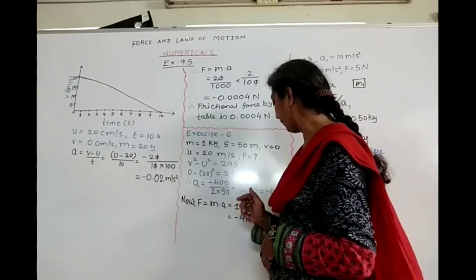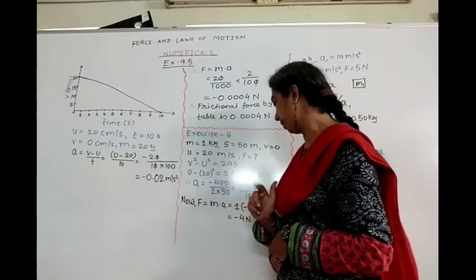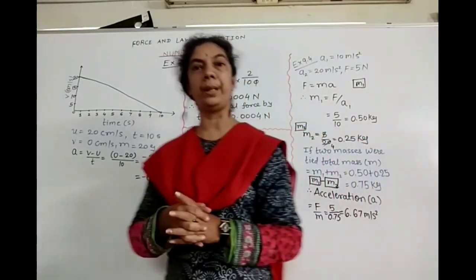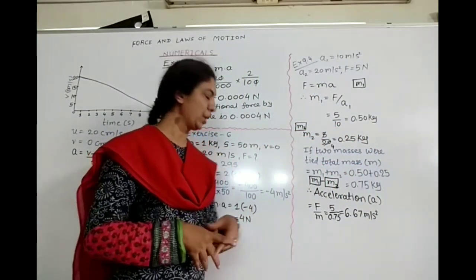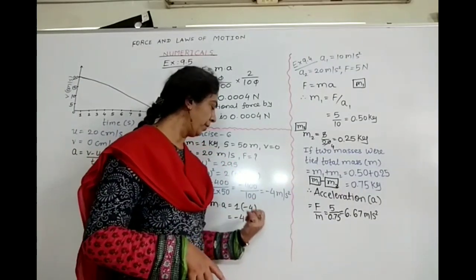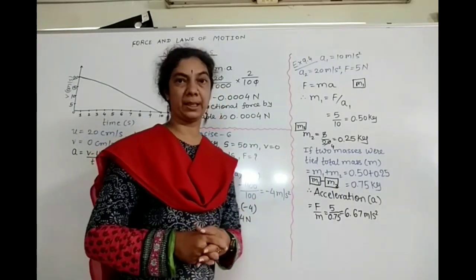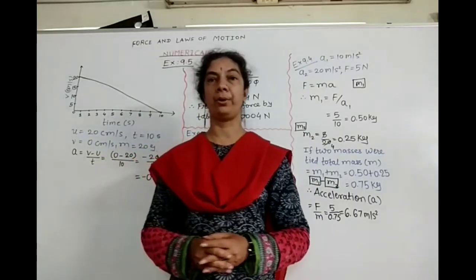So once again we are getting the acceleration as minus 4 meters per second square, and mass is 1 kg. So multiply that with 1, we are getting the answer as minus 4 newtons.